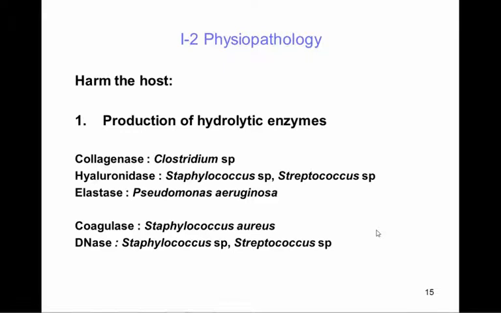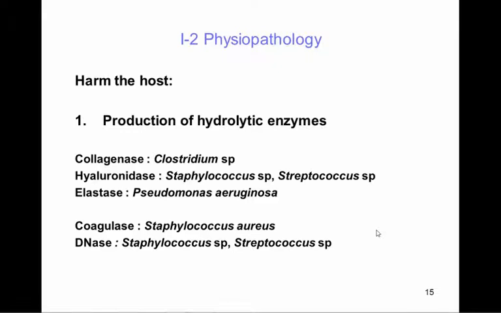Now, another thing that can prevent bacteria from spreading is coagulation, right? Forming a blood clot. This will have a tendency to localize bacteria. So some bacteria produce enzymes that degrade a blood clot. Streptokinase, Streptococcus will produce this enzyme. That once again allows them to disseminate.